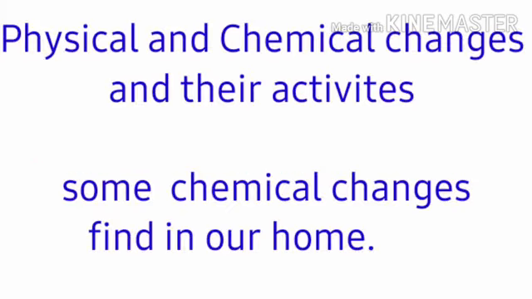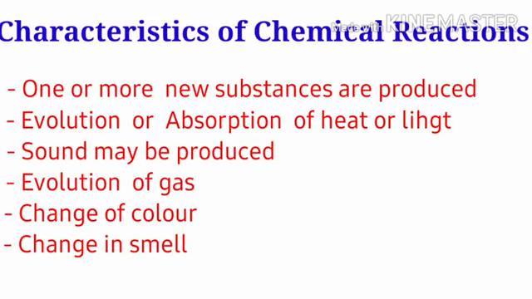In the previous video we learned about physical and chemical changes, as well as the activities and the different chemical changes we find at home. In this video we will learn the characteristics of chemical changes. We have already studied that one or more new substances are produced in a chemical change.